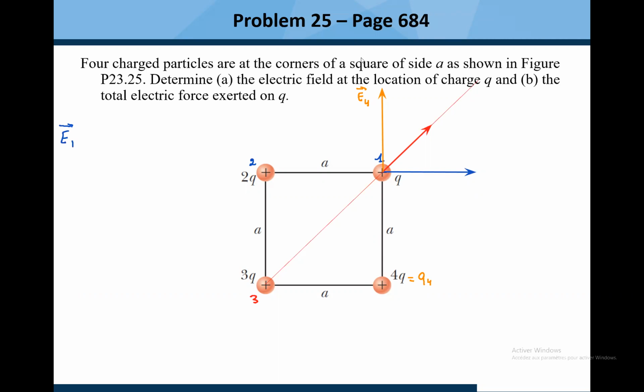And we have this one, E3, which is created by Q3, and here we have E2, which is created by Q2, equal to Q.